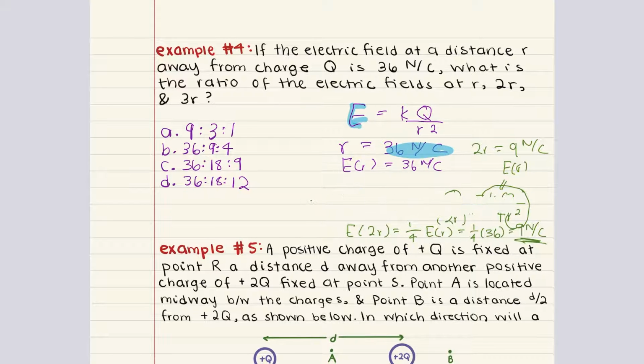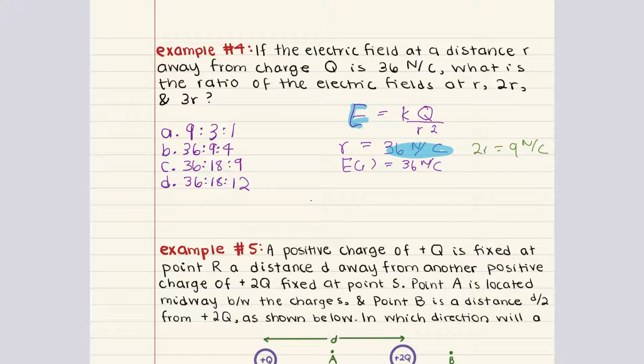Let's figure out what this looks like for a distance of 3r. We are going to see something similar here. At a distance of 3r, the electric field will follow the same inverse square relationship. So the electric field will be even smaller. It will decrease even more because the distance is now greater.